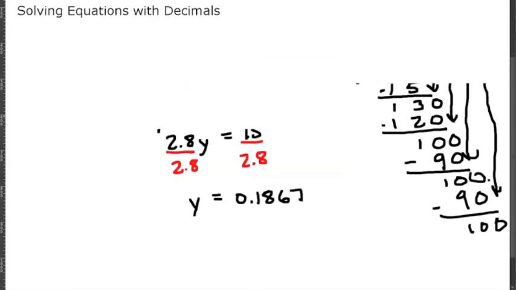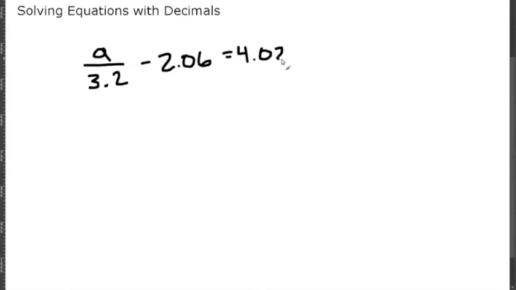So let's look at one last example. Say we have a divided by 3.2 minus 2.06 equals 4.088. So we're going to start by adding the 2.06 to both sides.